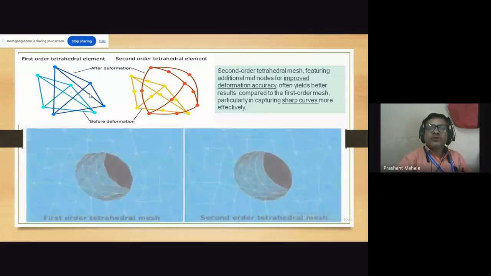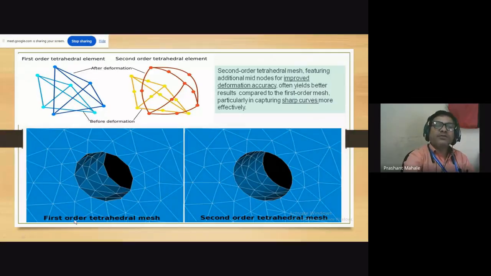Similarly, if I go for geometry case, you can see the first order tetrahedral mesh if used. Suppose there is a hole inside a plate like this. So you can see the curve. Actually, the hole looks like a polygon. It must look like a curve actually.